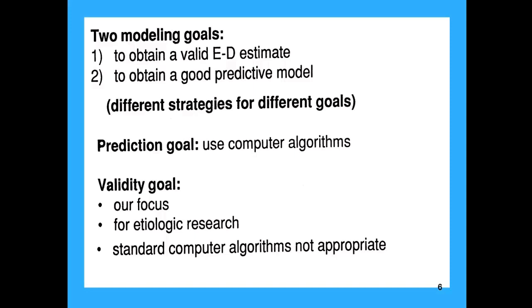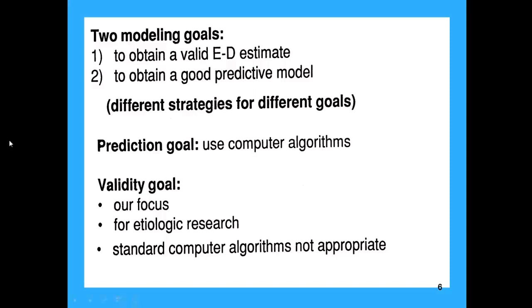One way to do prediction is to get the model that does the best job of getting the highest R square, maybe the most efficient model. Well, that's not answering the question about whether there's an exposure-disease relation. That's just trying to predict Y from the X's. So prediction is a different goal, and you would do it a different way as described in that chapter.